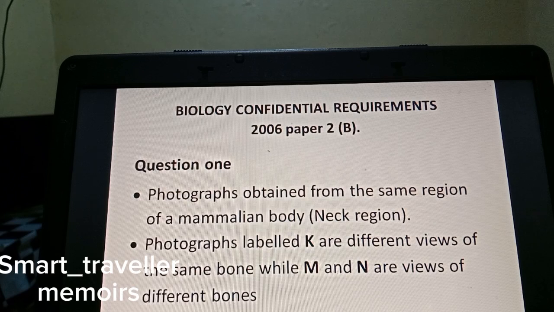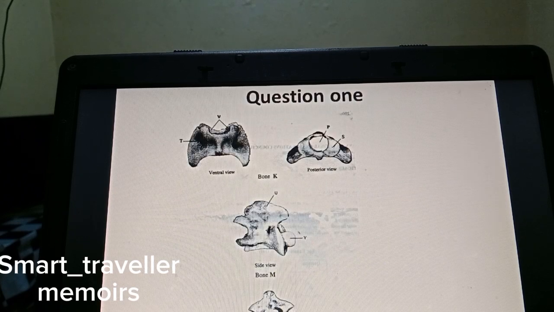And therefore, the materials which were given could not suggest that question 1 was photographs. So, those are the photographs.